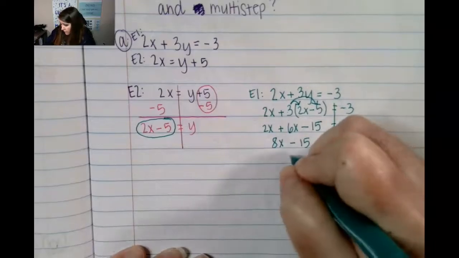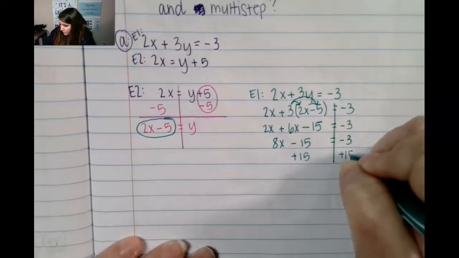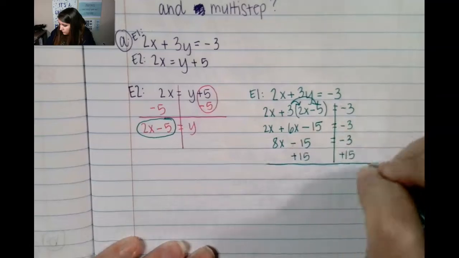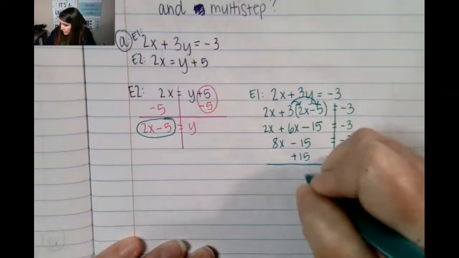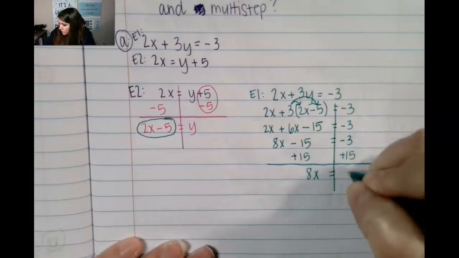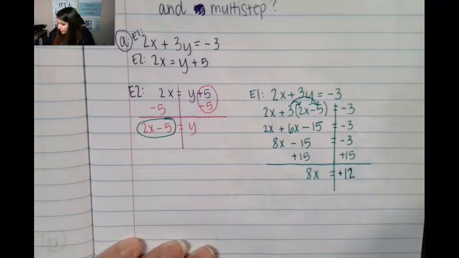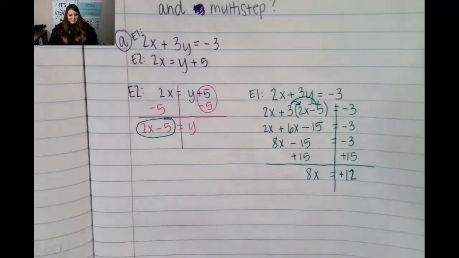All right, here we go. We're going to add 15 and add 15. This gives us 8x equals positive 12. Oh my gosh, I almost took away things that were not there.